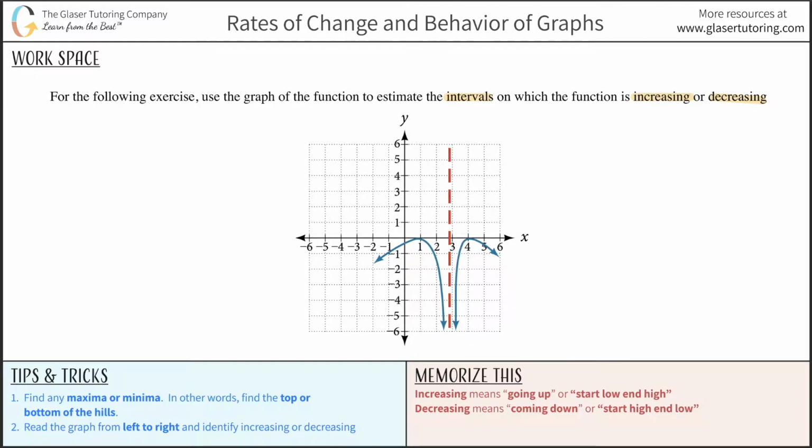And how we do this first is by first identifying any maxima or minima, local max and local min that is. Don't worry about the terminology, we'll cover it later in the problem. Basically, in other words, find the top or bottom of any hills that you see. So it looks like I have a hill right here and another hill over here.